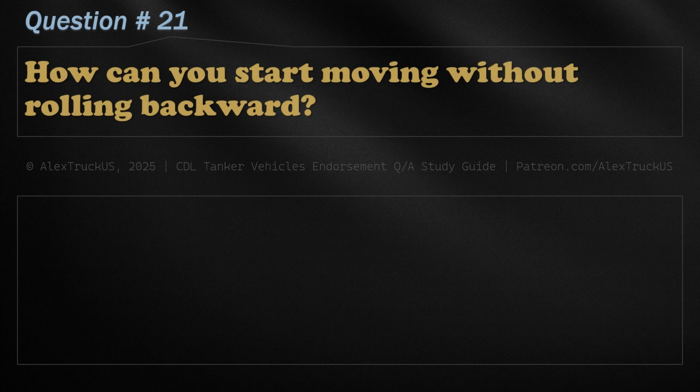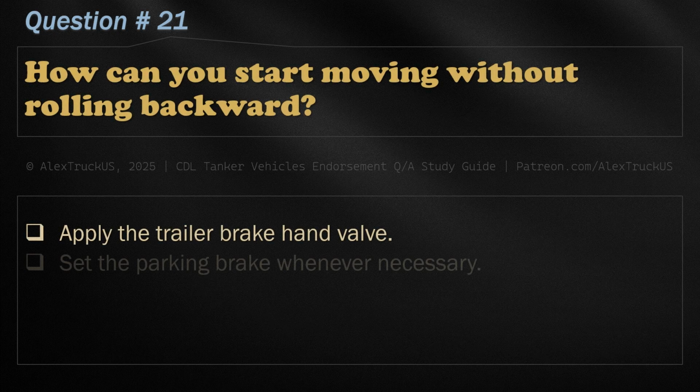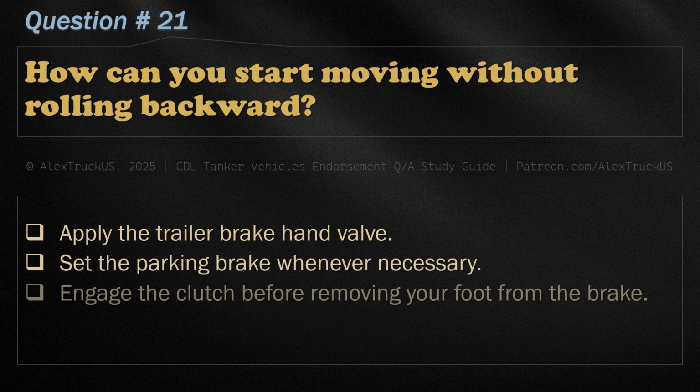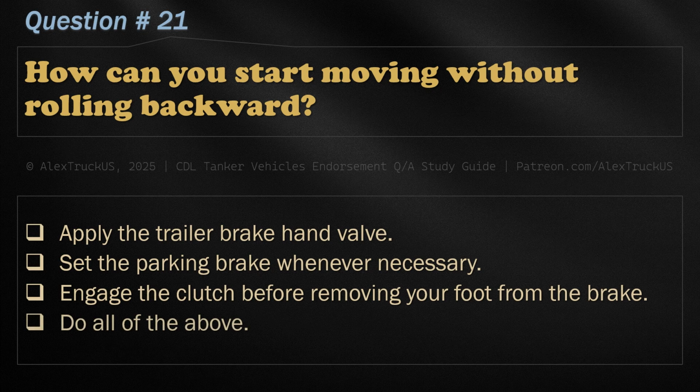Question 21. How can you start moving without rolling backward? Apply the trailer brake hand valve. Set the parking brake whenever necessary. Engage the clutch before removing your foot from the brake. Do all of the above.